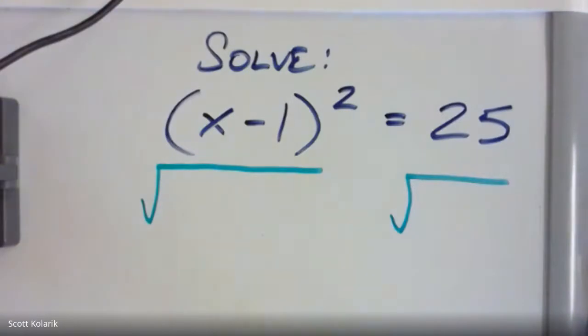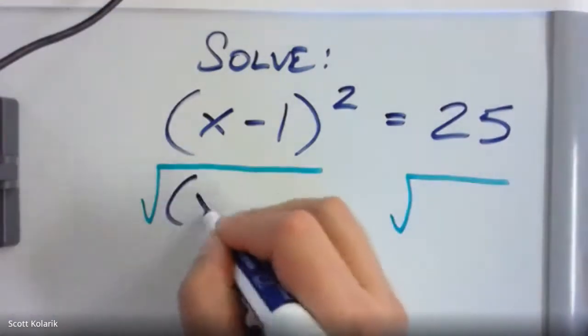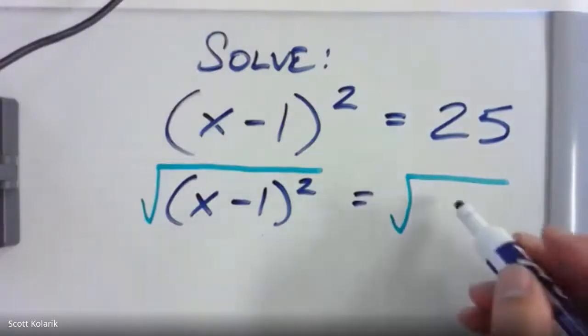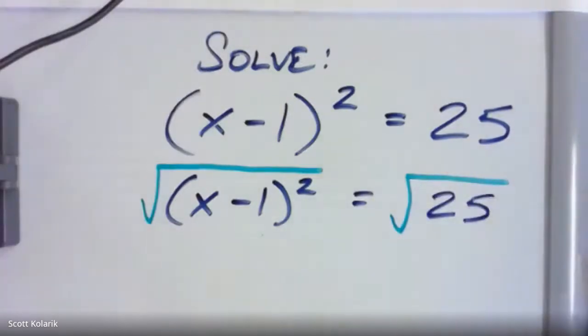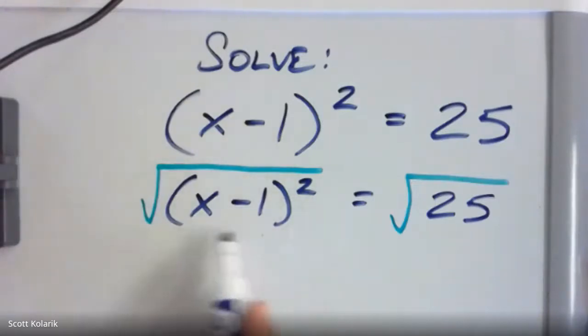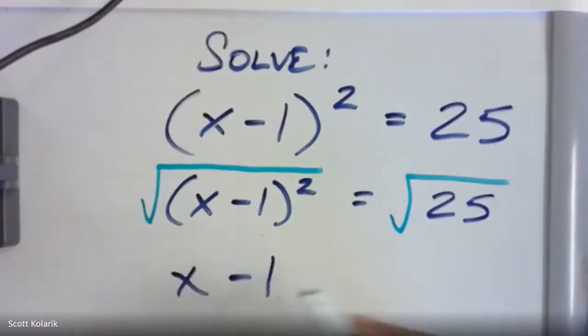And when I take the square root of both sides, on the left, I have this really complicated looking thing where I have the parentheses squared that I'm taking the square root of. And on the right side, it's a little friendlier, square root of 25. But again, the whole reason I do the square root is to undo, to do the inverse of this squared. And what I'll be left with is just the parentheses, x minus 1, or just x minus 1.